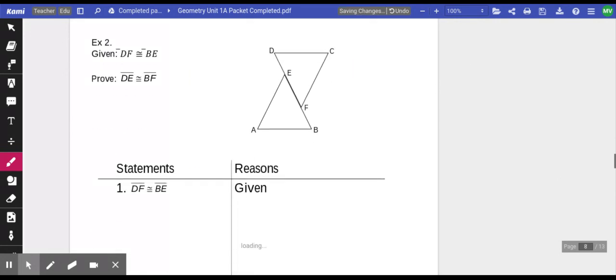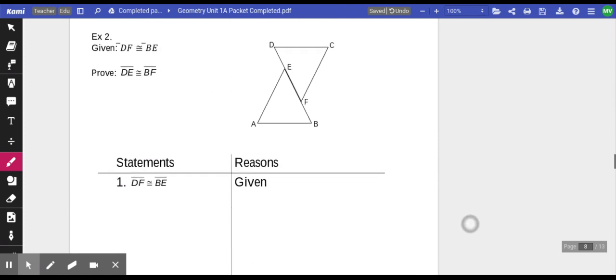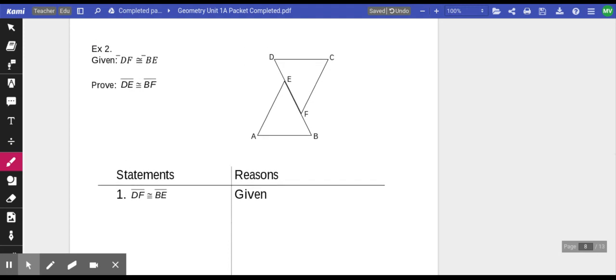Now we're going to do another example here. Our example: DF is equal to BE. Notice that they both overlap here from FD.